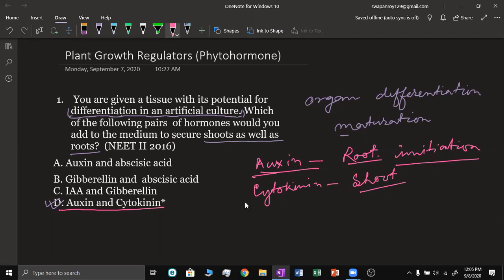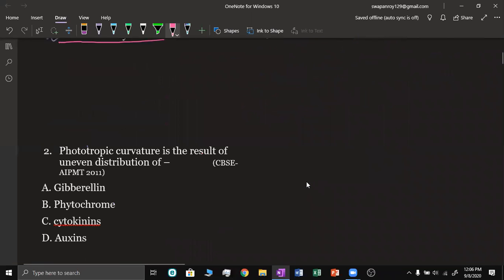Okay, so a balanced amount of auxin and cytokinin, if added to the culture medium, then the tissue will start differentiating shoot and root both.